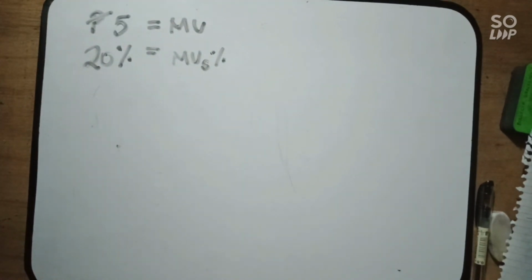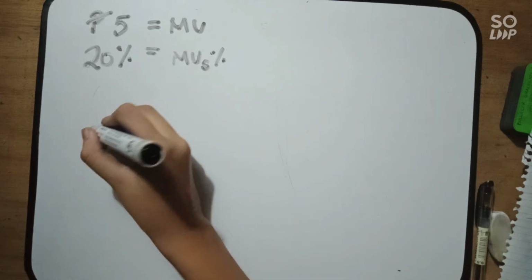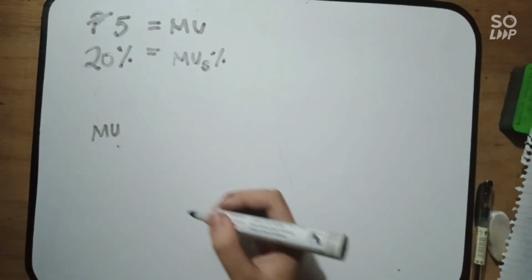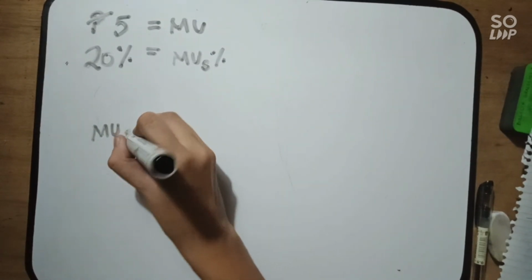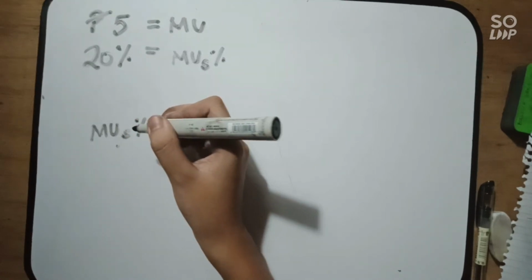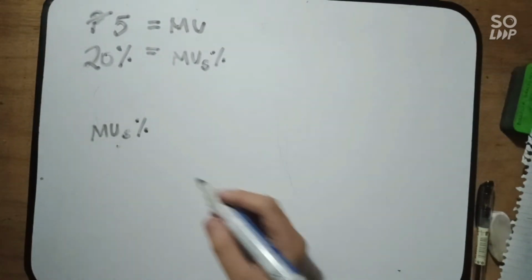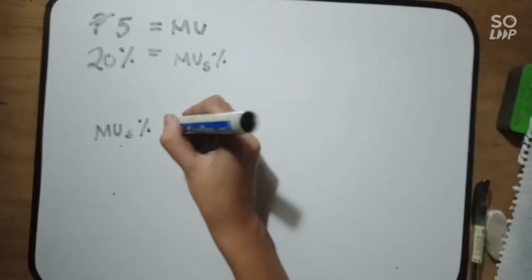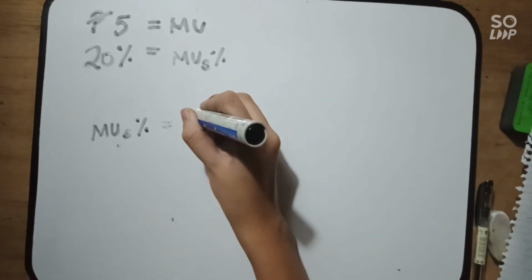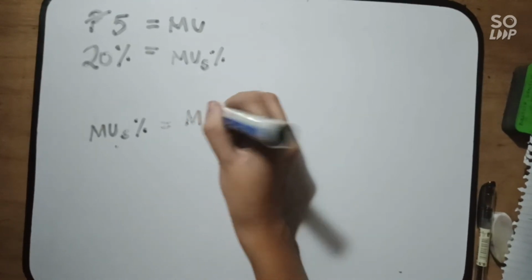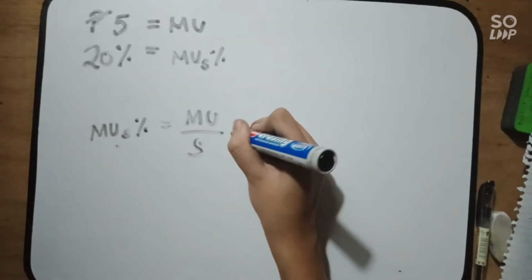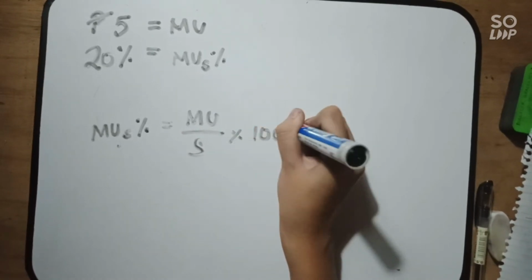In finding the selling price, we can use the formula for rate of markup based on selling price, which is markup based on selling price equals markup over the selling price times 100.